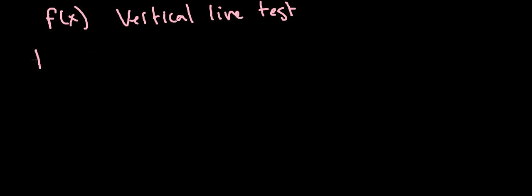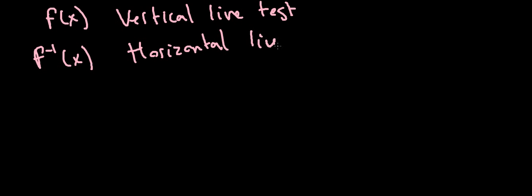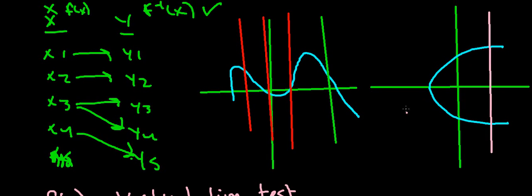If we want to know if the inverse of x is a function, then we do the horizontal line test. And this makes sense because if we're looking at it from a relationship of y to x, that means each y can only have one x.